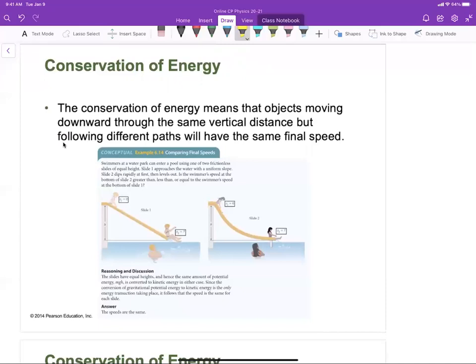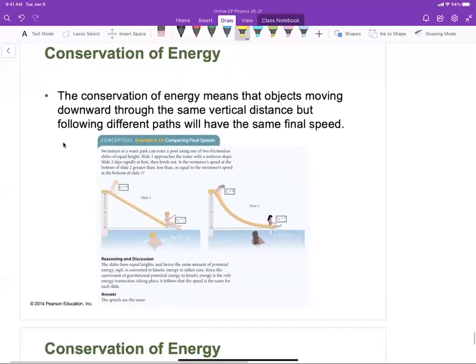The conservation of energy means that objects moving downward through the same vertical distance but following different paths will have the same final speed. So what does that mean? This person slides down this slide, this person slides down this slide, and if there is no friction on both slides, then no matter what, if they have started at the same height, they both start off with the same potential energy due to gravity.